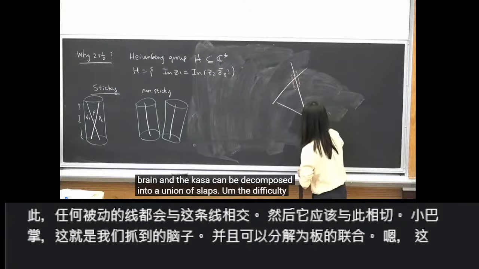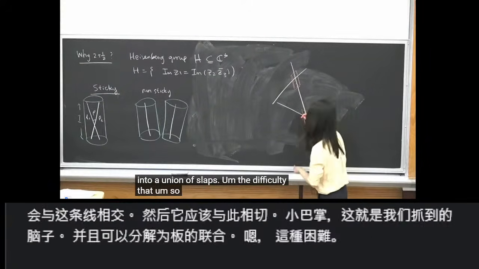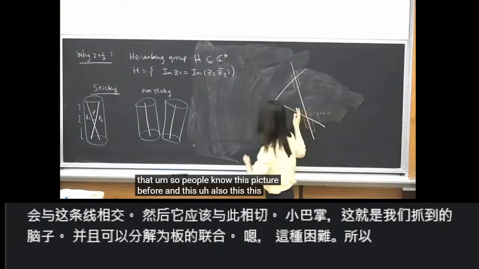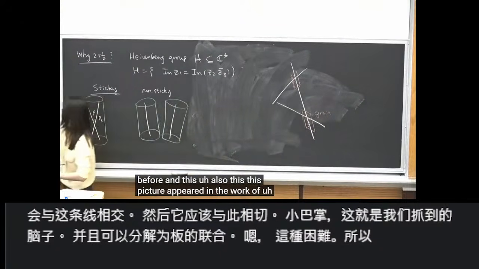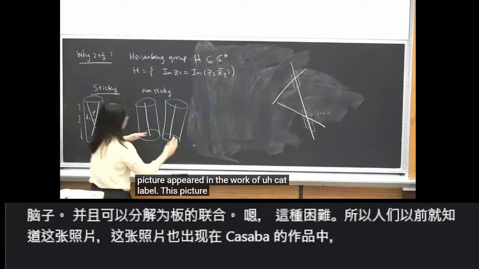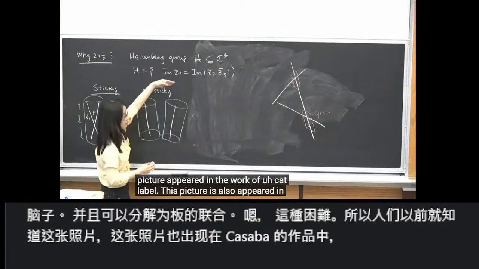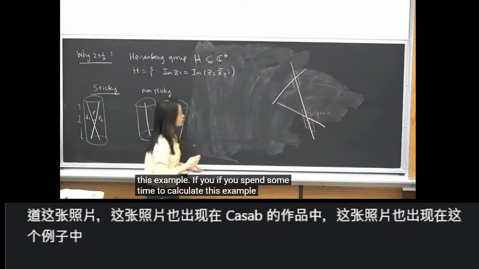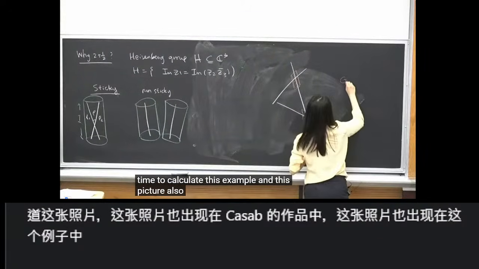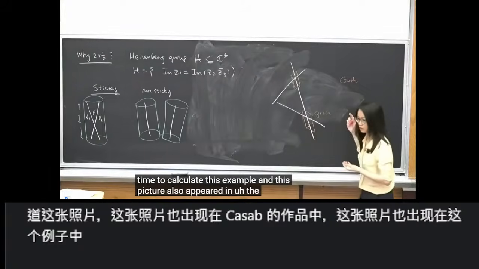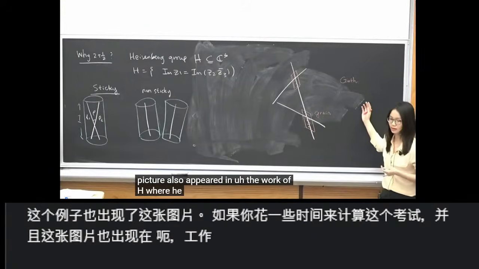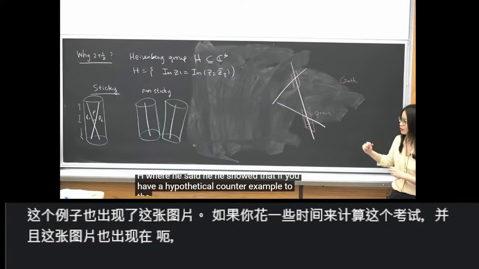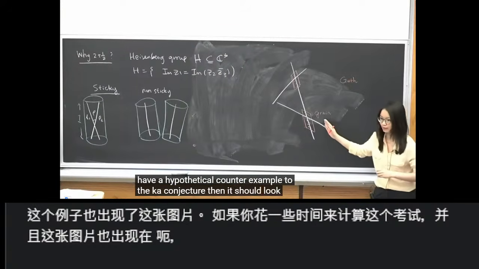People knew this picture before, and it appeared in the work of Katz, Łaba and Tao. This picture also appears in this example if you spend some time to calculate it. And it also appeared in the work of Guth, where he showed that if you have a hypothetical counterexample to the Kakeya conjecture, then it should look like this.